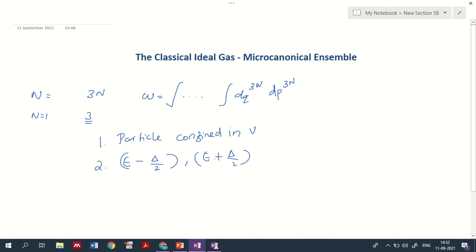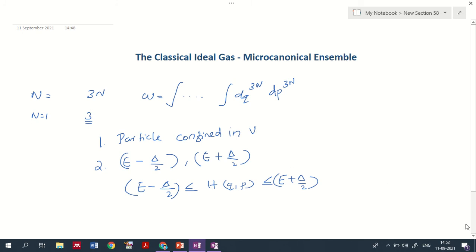Because we already discussed that for a microcanonical ensemble, the total energy, the Hamiltonian, lies between E minus delta by 2 and E plus delta by 2. That means we represent it as E minus delta by 2 less than H(q,p), the corresponding Hamiltonian, less than E plus delta by 2. Within this region we have the total energy.